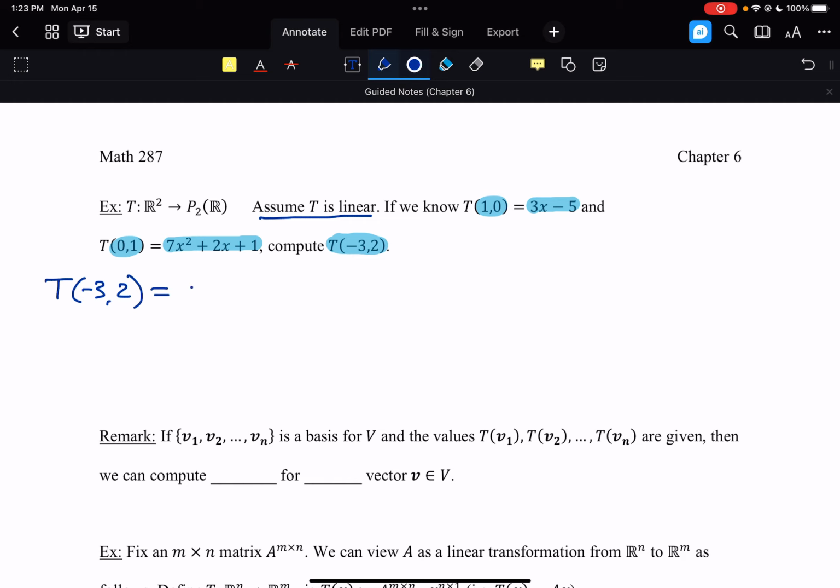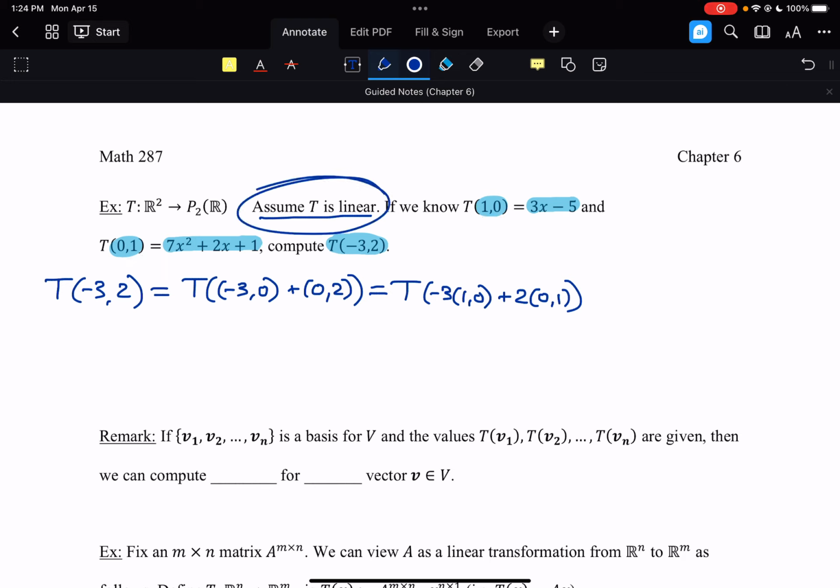We know that this is the same thing as negative 3, 0 plus 0, 2, which is the same thing as negative 3 times 1, 0 plus 2 times 0, 1, like that. And the reason I want to do that, of course, is because I want to put it in terms of 1, 0 and 0, 1, the things that we already know.